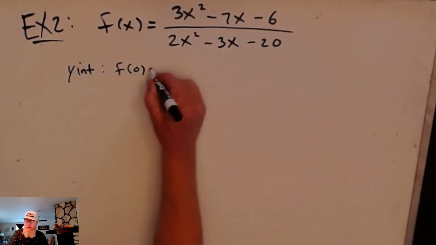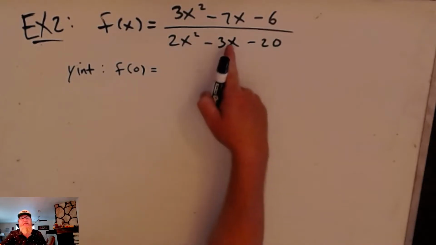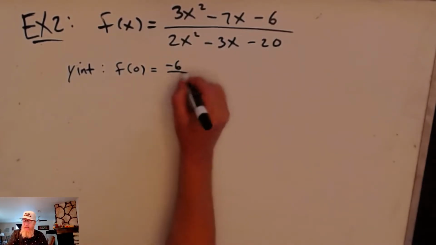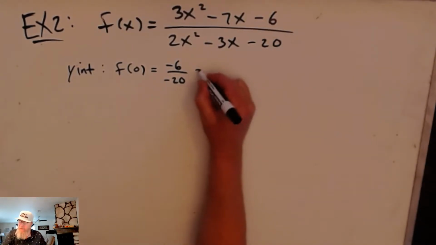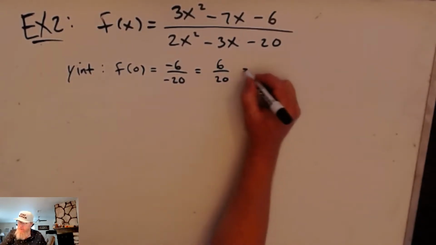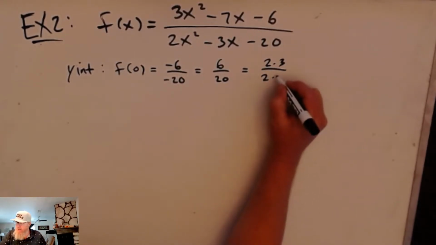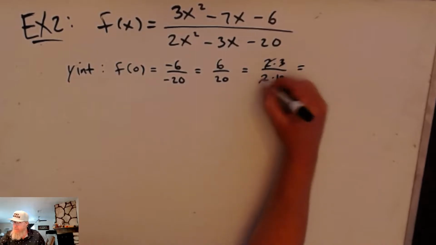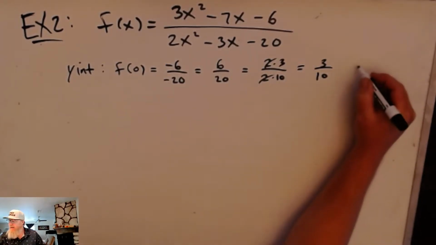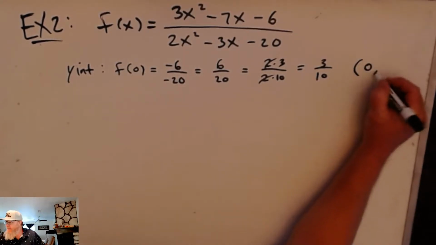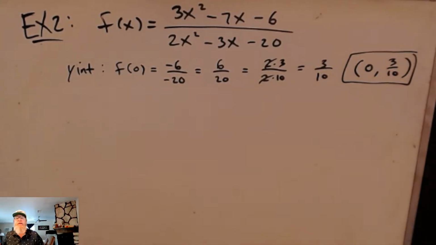Plug in 0. And again, I don't have to show all the math anymore. These are all going to become 0, so you're just going to get the constant terms. -6 divided by -20. Reduce that if possible. 6 is 2 times 3, and 20 is 2 times 10. So that will reduce to 3/10. And again, write it as a pair: 0, 3/10. That's your y-intercept.